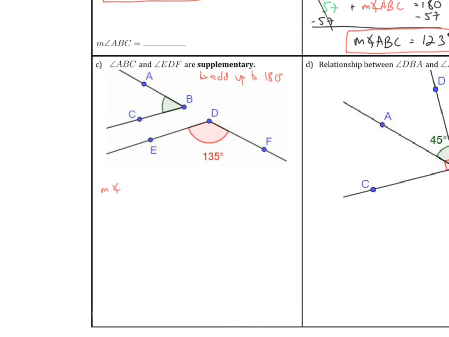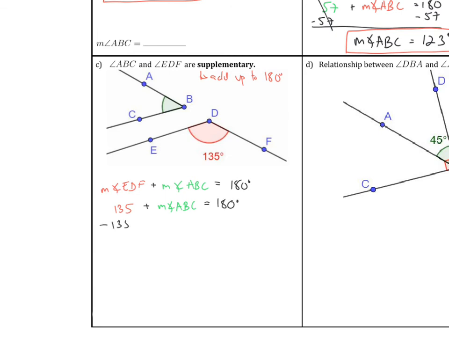The measure of angle EDF plus the measure of angle ABC is equal to 180 degrees. Substituting in our known values, or our given values, measure of angle EDF is 135 degrees, and I'm adding on the measure of angle ABC because this is what I'm solving for, and this is all equal to 180 degrees.